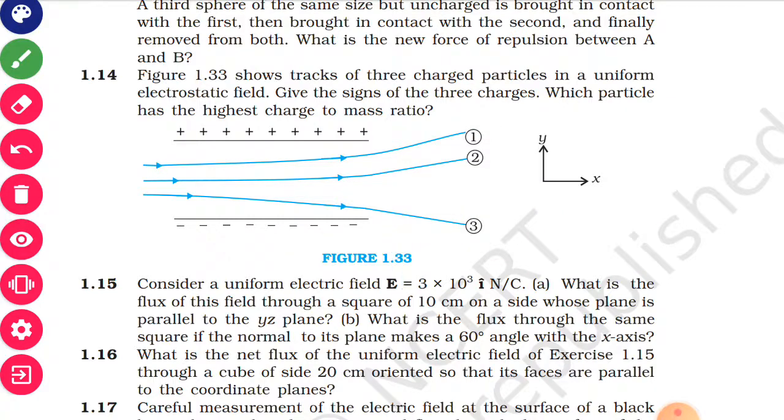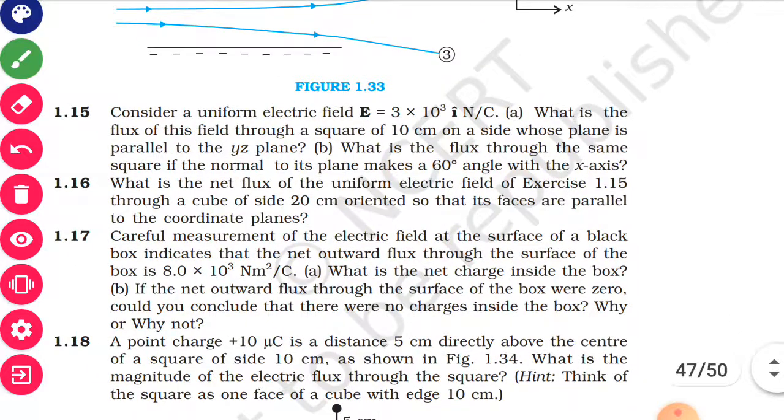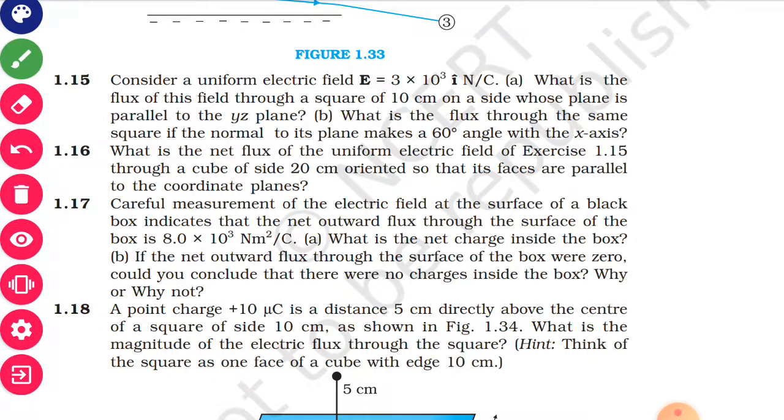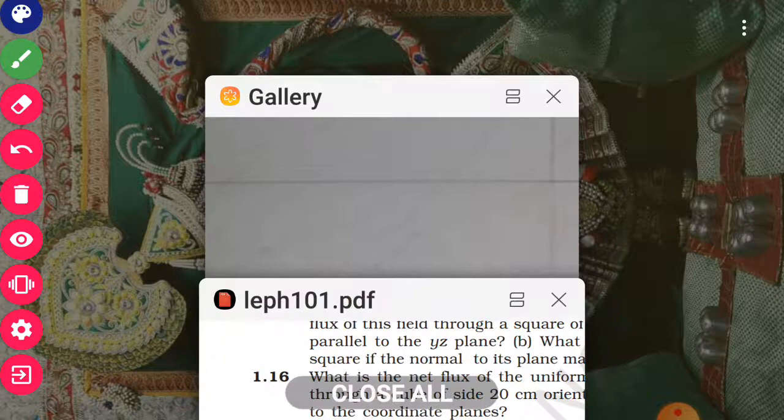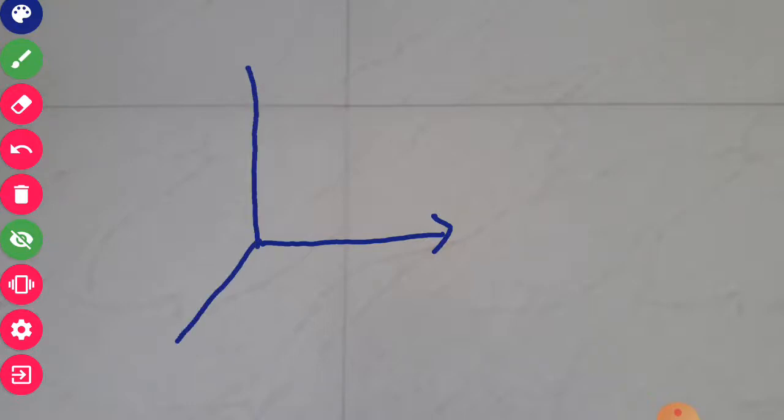Now we go further. Consider a uniform electric field. E is given as 3 into 10 raised to 3 i cap Newton per Coulomb, so it must be in the x direction. What is the flux of this field through a square of 10 centimeter on a side whose plane is parallel to the YZ plane? First of all, say you have this direction as the x direction, this direction as y and this direction as z.